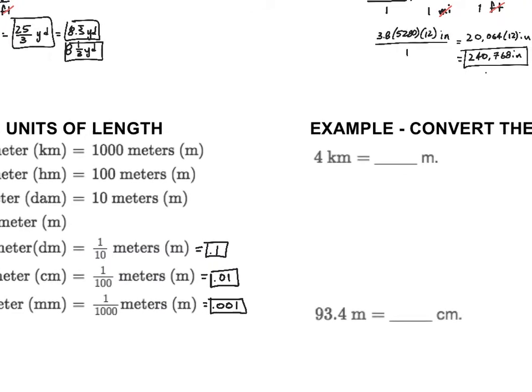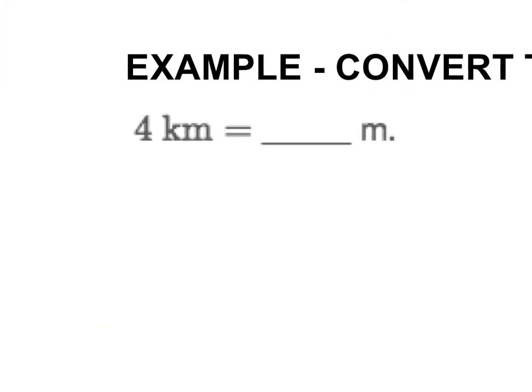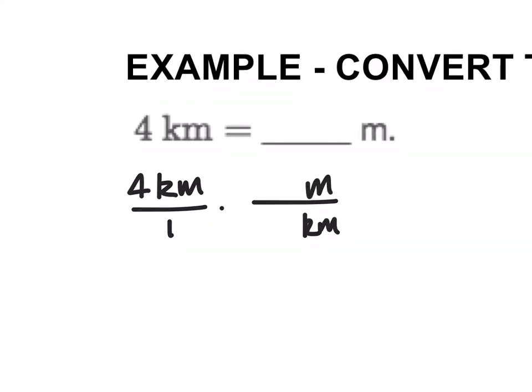Now, what I have on this one is 4 kilometers, and we want to turn this into meters. Okay. Now, this is a little bit easier and a little bit more intuitive than what we had. But let's do this. I'm going to do 4 kilometers, okay, same thing. I'm going to put that over 1. I'm going to multiply that by something with meters up top and kilometers down here, okay?